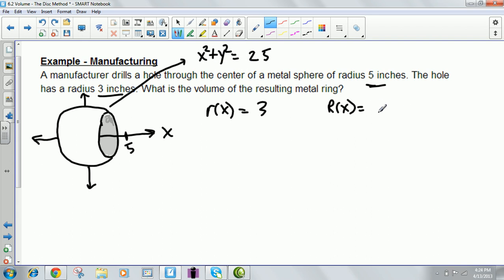When we solve it for y, you'd have 25 minus x squared. Then you'd have the square root of that. Such a big R. Okay, now we need to figure out our limits. It's not going to be from negative 5 to 5. It's not going to be like that.